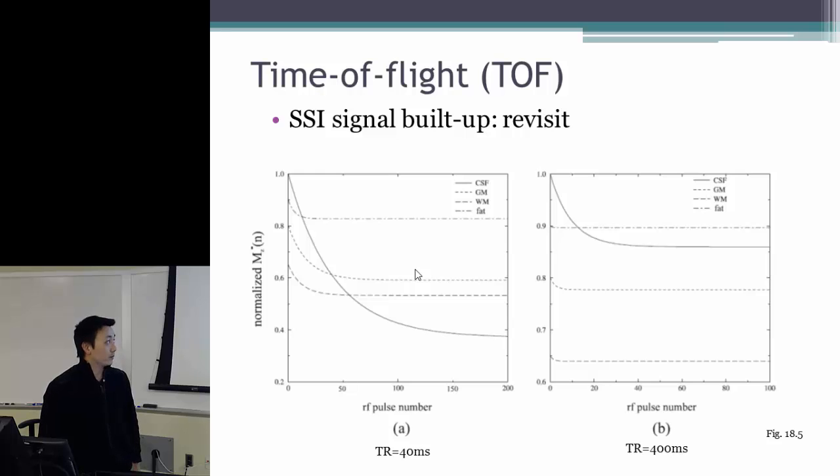Okay, so how does time of flight work? As we saw before, time of flight is a bright blood method. So how can it give us a higher signal?